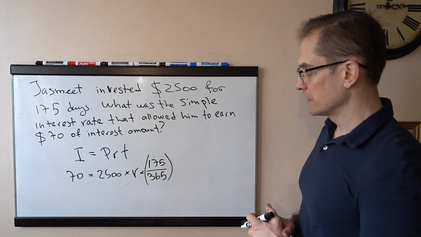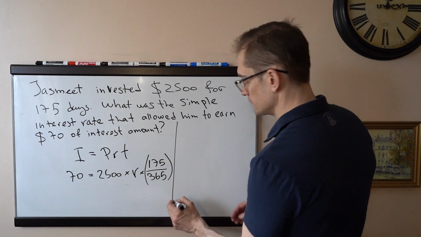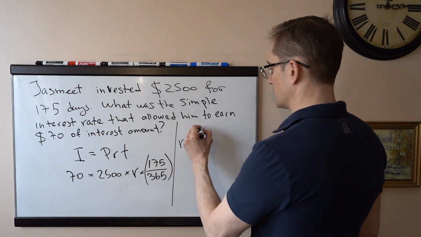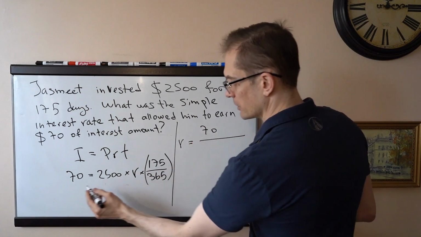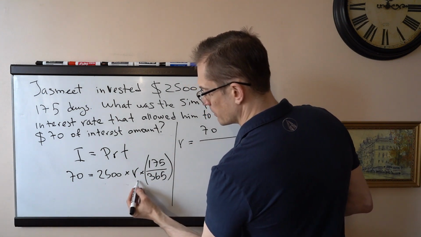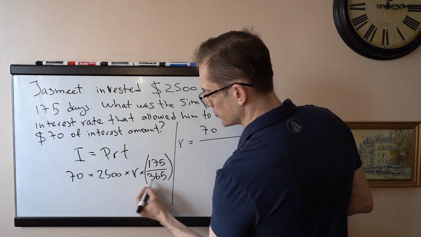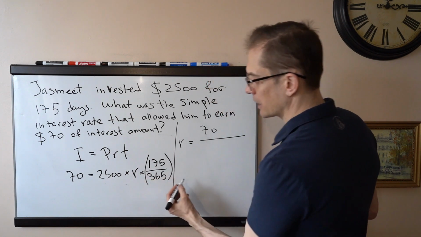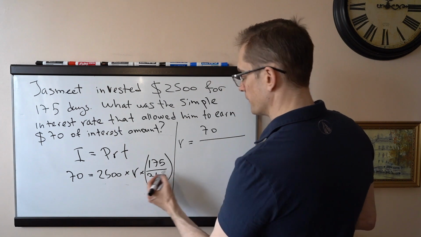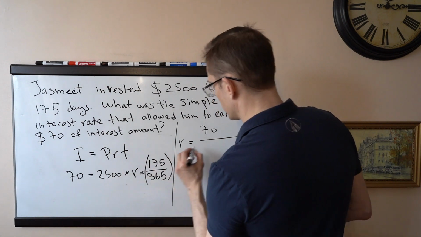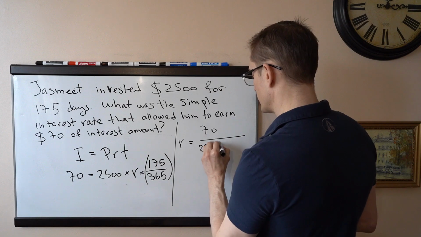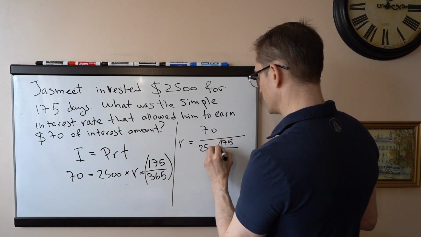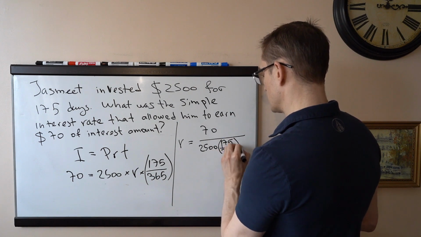Now we need to find the rate from here. So how do we find the rate? Well, we take 70 and divide the equation by everything we don't need around R. We need to free up R. And it's 70 divided by 2,500, and then 175 divided by 365.